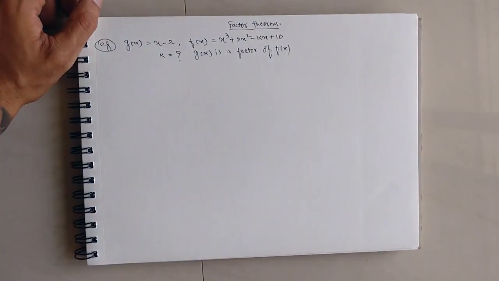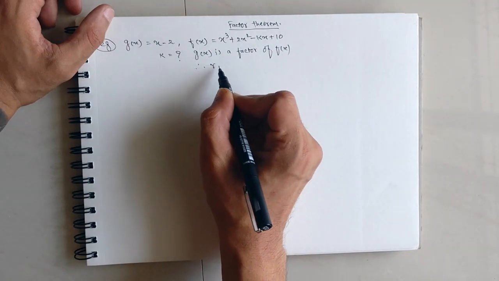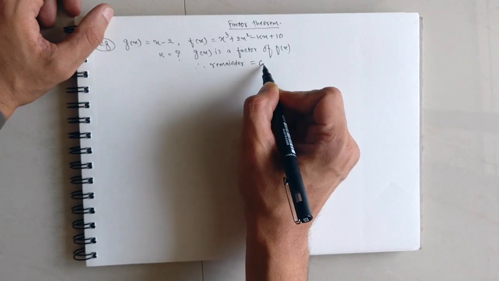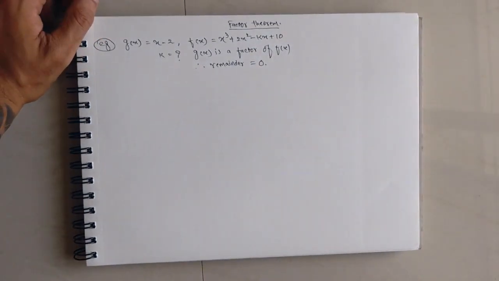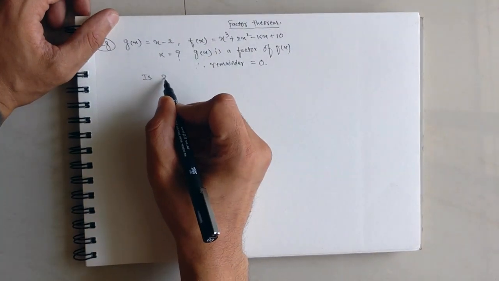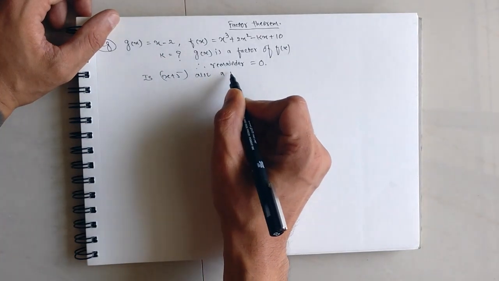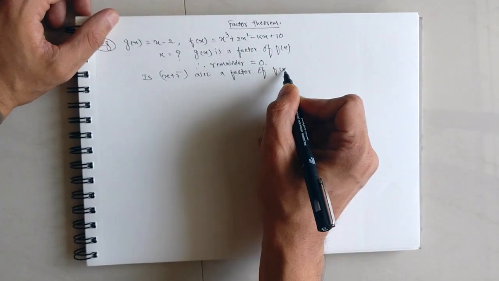We have to find the value of k. There is one more thing asked in the question: hence determine whether x plus 5 is also a factor of f of x. That you have to find.